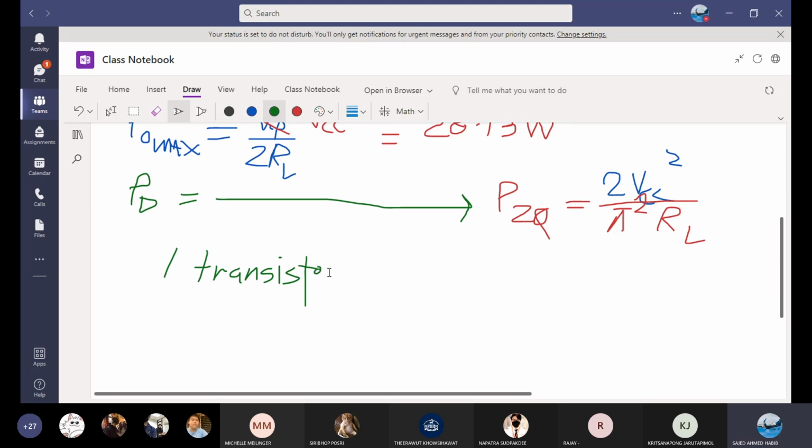You can't do anything. Is this one divided by 2? 5.7 watt should be the answer. Exact is 5.69. I got 5.7 watt.